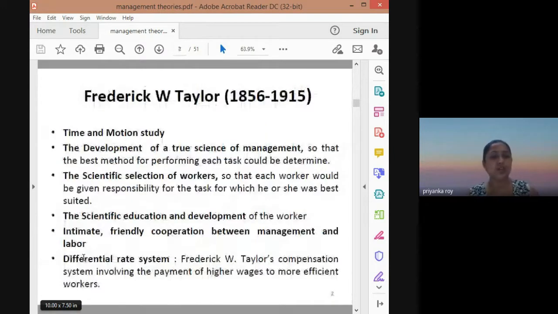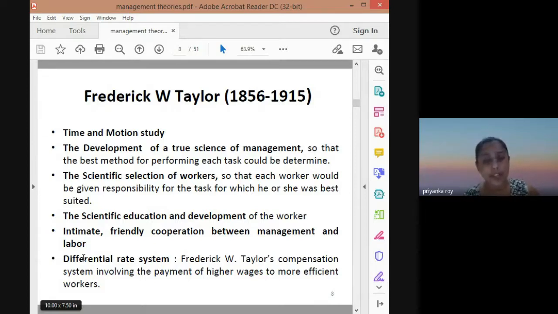Okay, so Frederick W. Taylor: time and motion study, the development of a true science of management so that the best method of performing each task could be determined. The scientific selection of workers, so that each worker would be given responsibility for the task for which he or she was best suited. The scientific education and development of workers, and intimate friendly cooperation between management and labor.